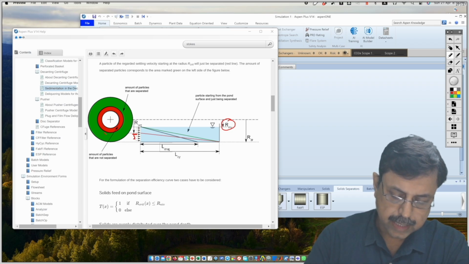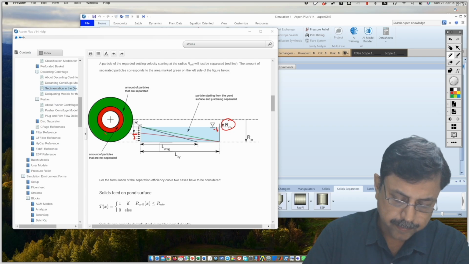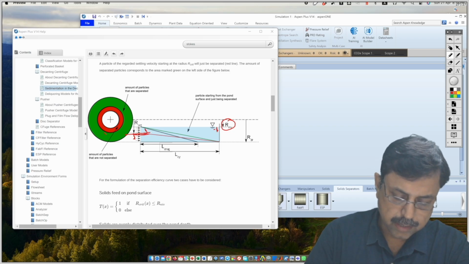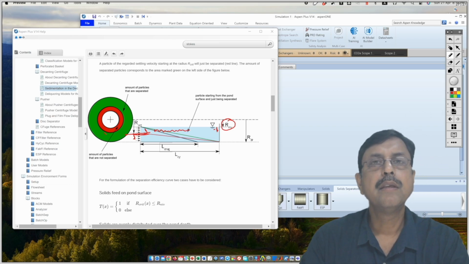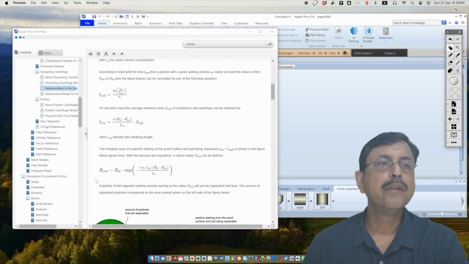Now if the pond height, the pond surface goes beyond that level, that means the solid content which is suspended in this liquid, that will escape through the liquid outlet. They will not be arrested in the solid cake. That's what it means. Okay, so this is how R cret is calculated.